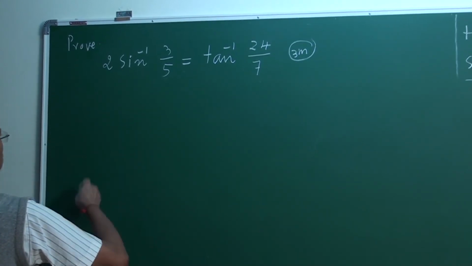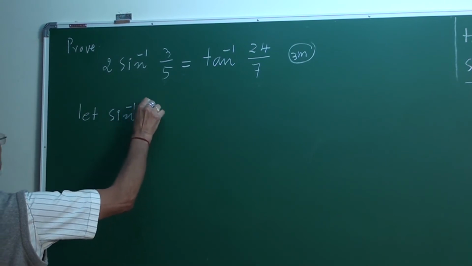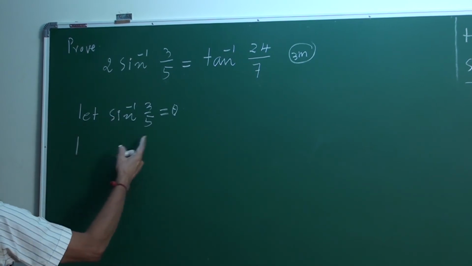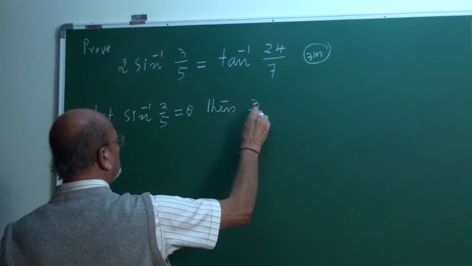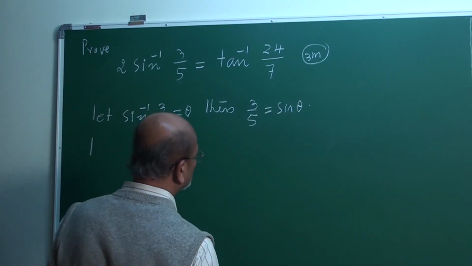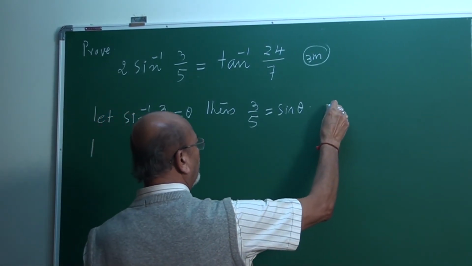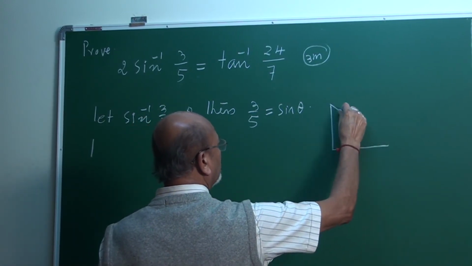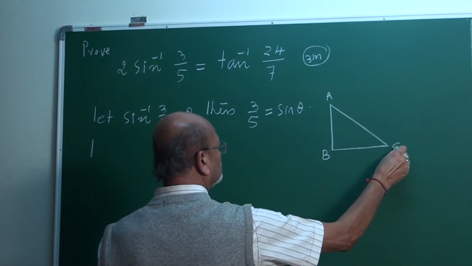Let sine inverse 3 by 5 equal theta. Then 3 by 5 equals sine theta. Draw the triangle ABC.